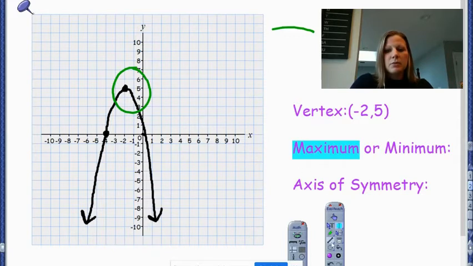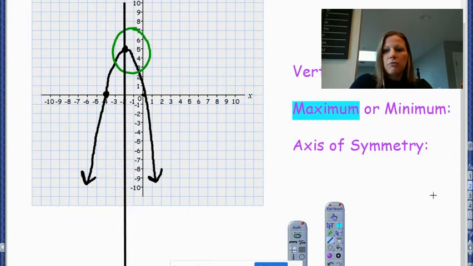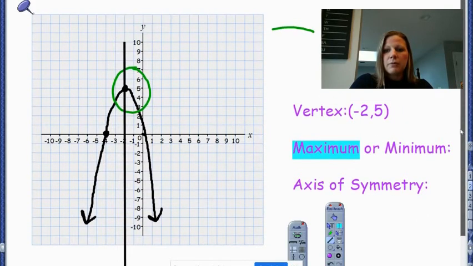And my axis of symmetry is the line that folds my parabola in half. So if I were to make a line like this, my parabola would fold in half. If we remember, which might be going back a couple of weeks now, when I have a line that is parallel to my y-axis, it's an x equals line.